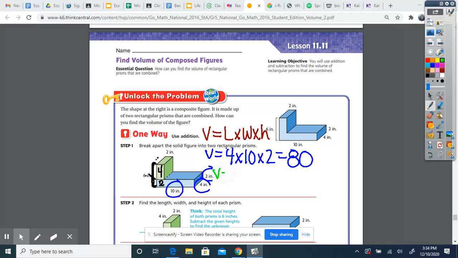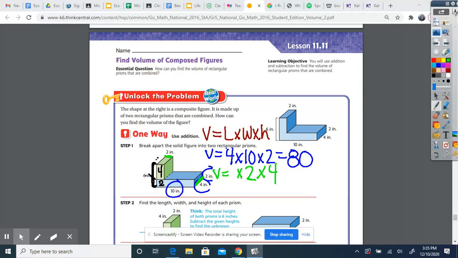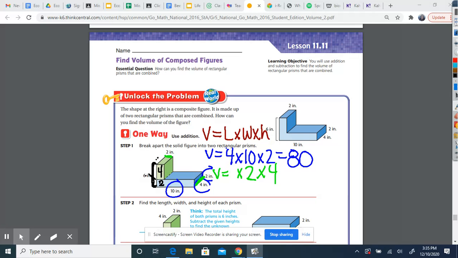So volume equals, I'm going to put my times symbols here. We said the height of the green was 4. We also know the width of the green one is 2. So I'm going to go ahead and fill a 2 in there. So now we just need to find the length. The length of the blue one is 4 right here, and it is perfectly stacked up.